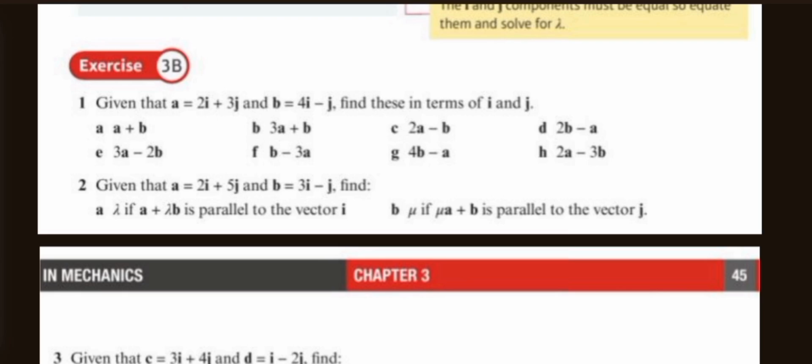Okay, there's 3b. Given that a equals 2i plus 3j and b equals 4i minus j, find this in terms of i and j.